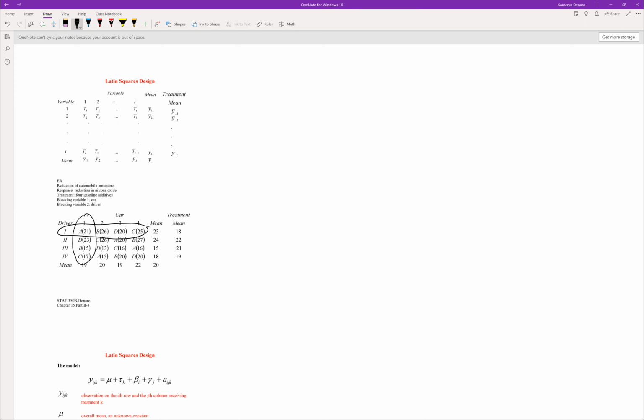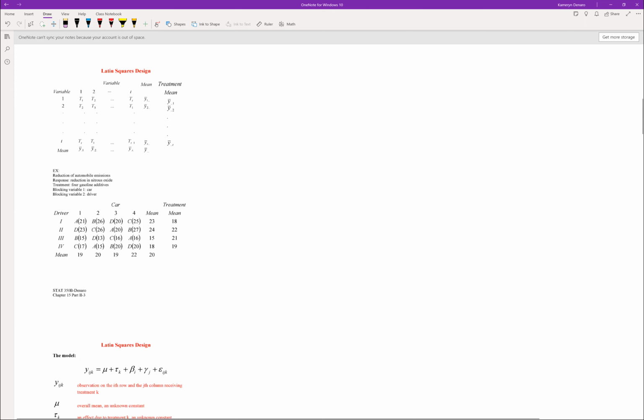That's true for every row and every column. Each of the treatments shows up exactly once, okay? We will get back to all of the pieces, but I just wanted to show you an example so that it would be more concrete as to how things are produced for this model.